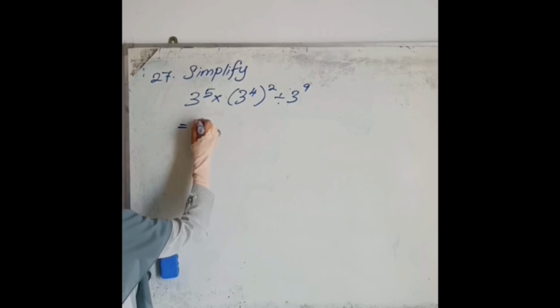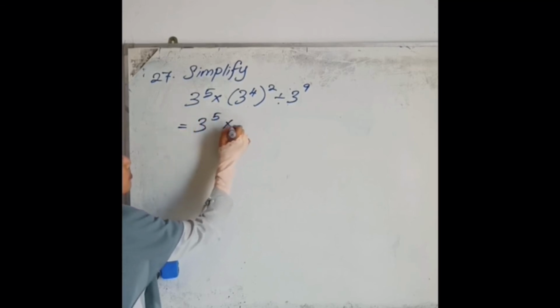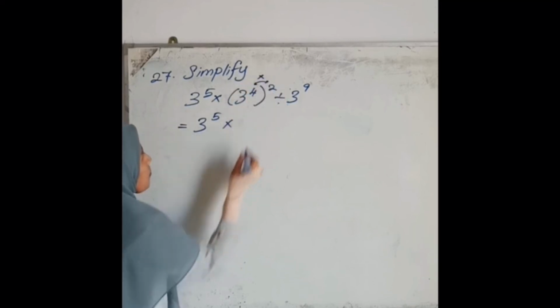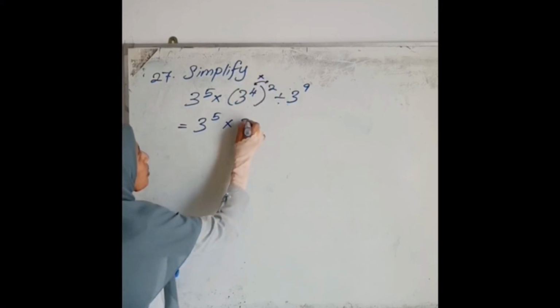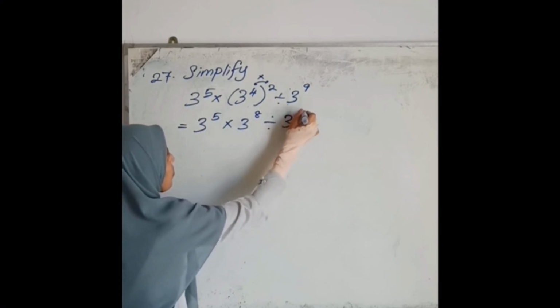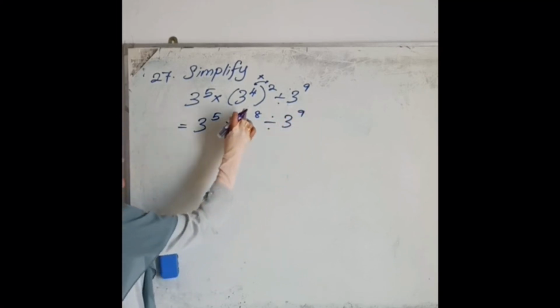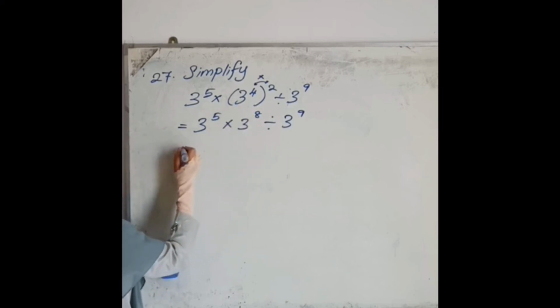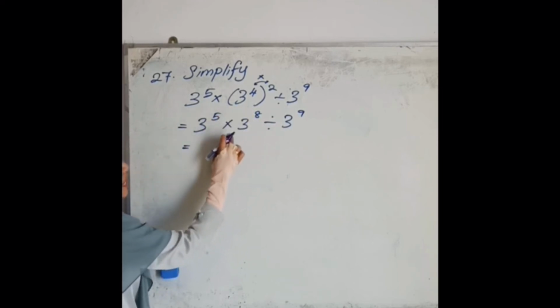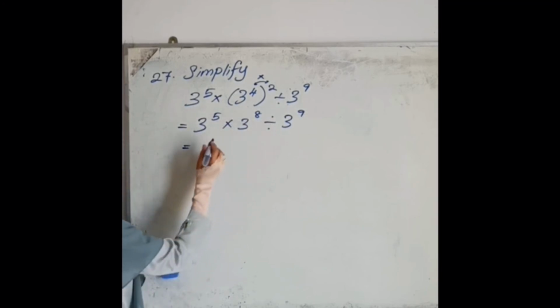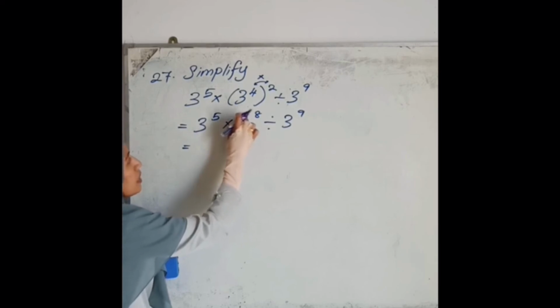Okay, so 3 to the power of 5 times 3 to the power of 8, divided by 3 to the power of 9. So we can multiply the index. This one we use the third law. By using the first law, we can add the index.